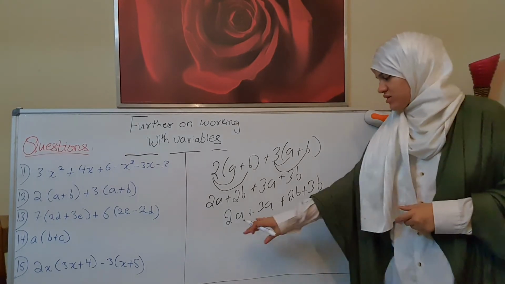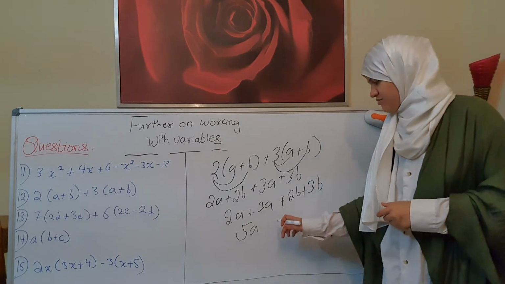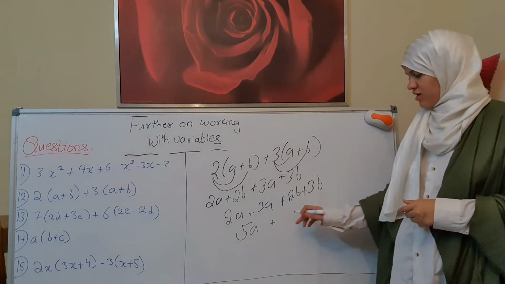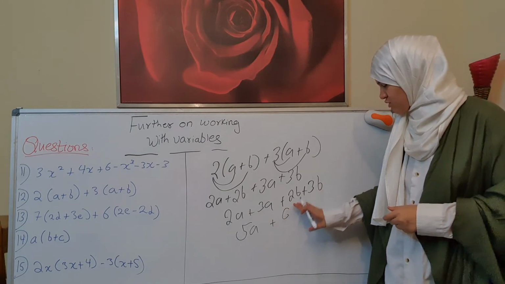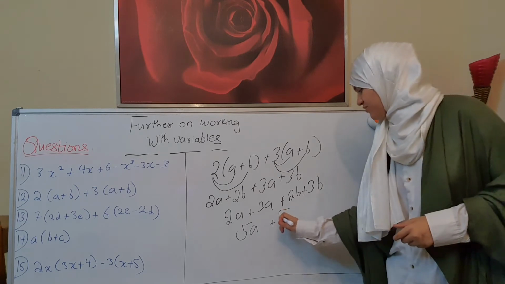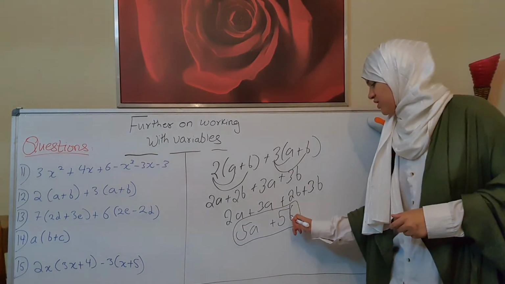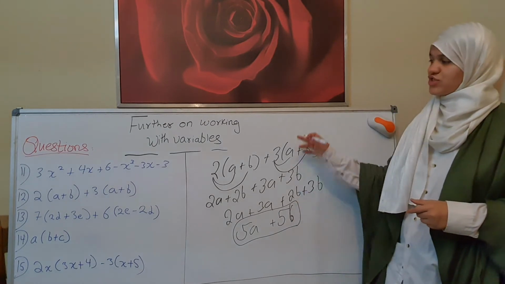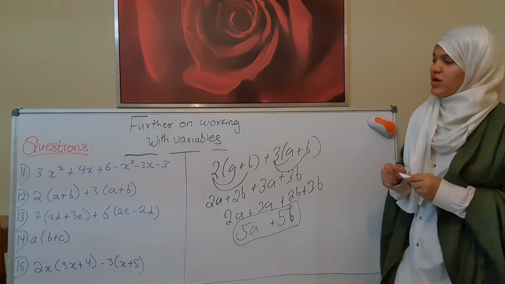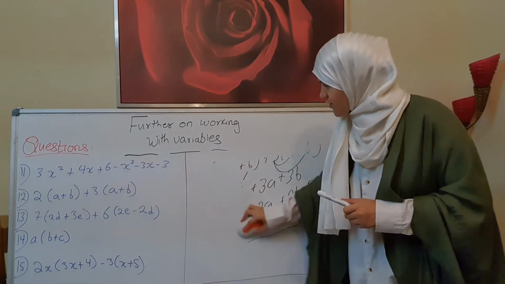So that means 2 plus 3 is equal to 5a, plus 2 plus 3b, it will be 5b. So the final answer for question number 12 is 5a plus 5b. Now, question number 13 is the same thing as question number 12.